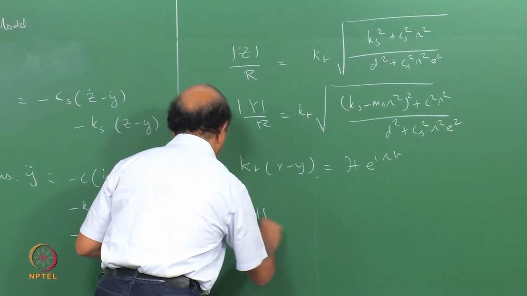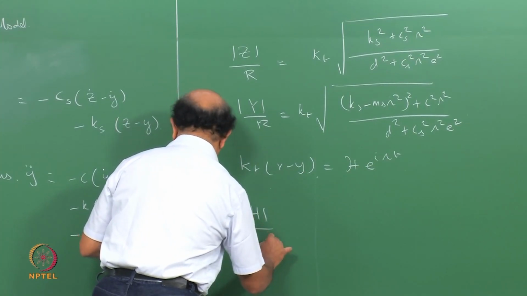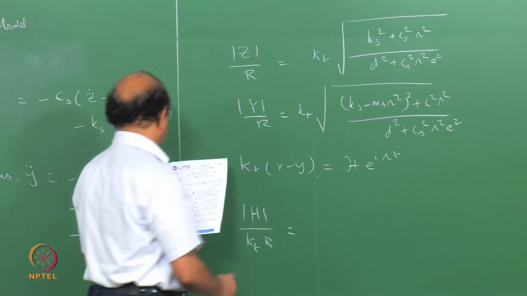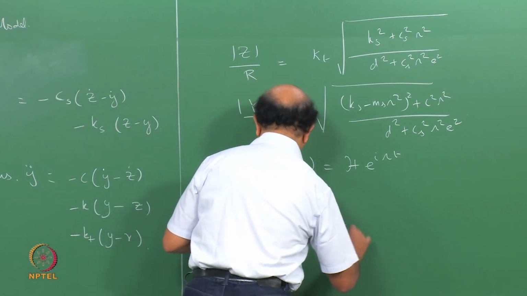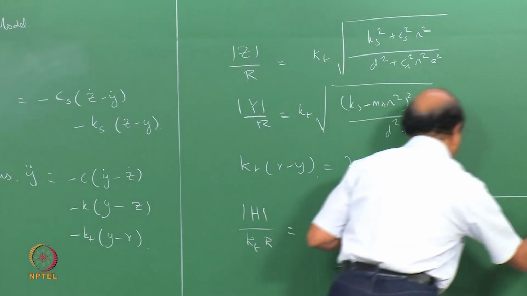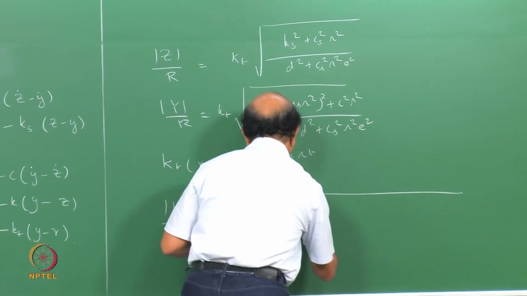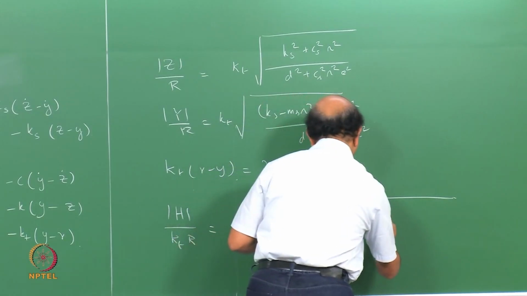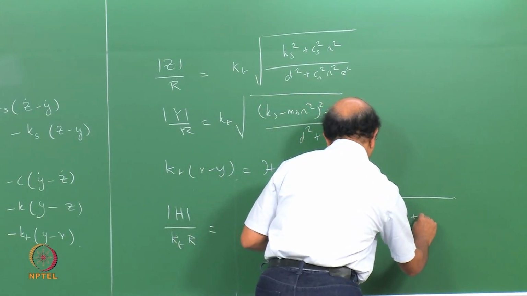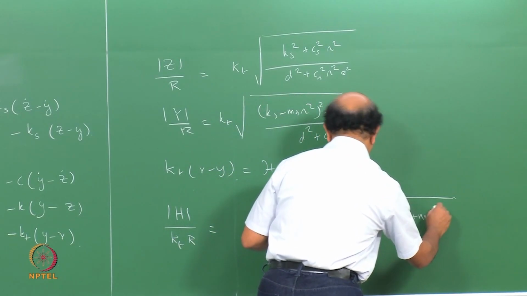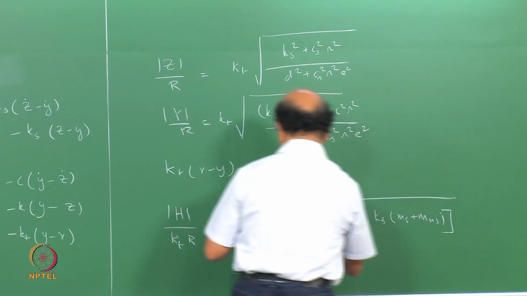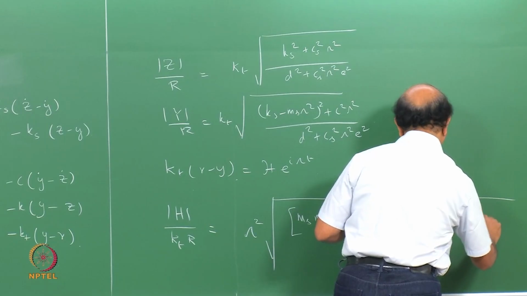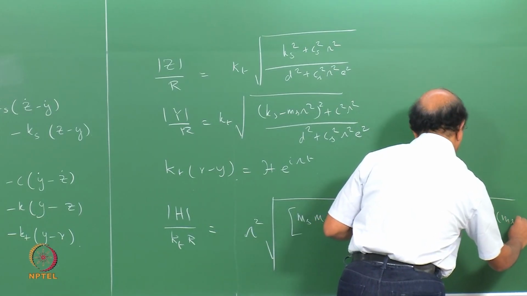So that H divided by KT into R is equal to omega squared root of ms mus omega squared minus ks into ms plus mus whole squared plus c squared omega squared ms.